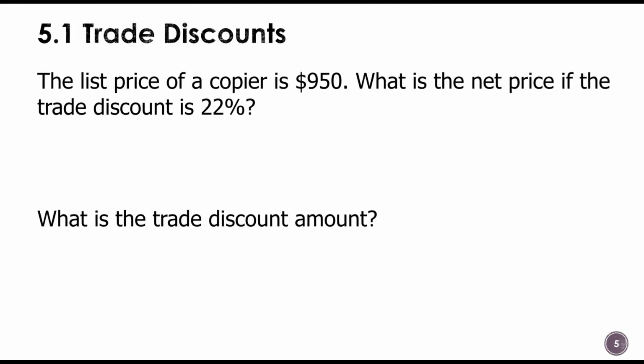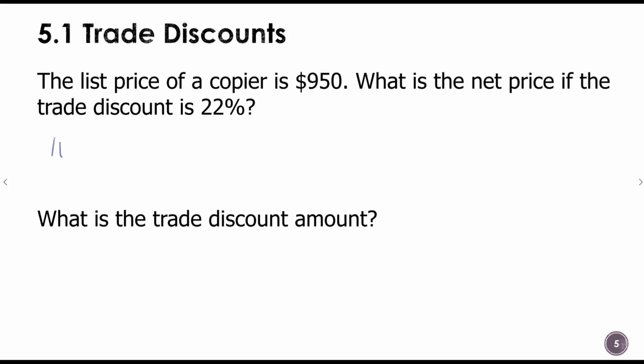So next, we're going to look at some different questions where we're practicing some of this. This one says the list price of a copier is $950. What is the net price if the trade discount is 22%? So it asks us for the net price, and that means I'm going to go ahead and use the complement of 22%.